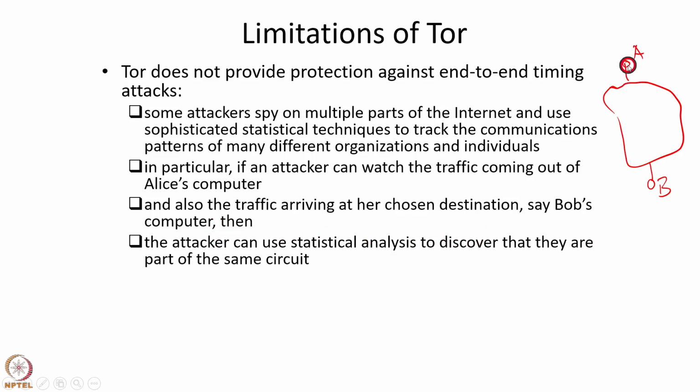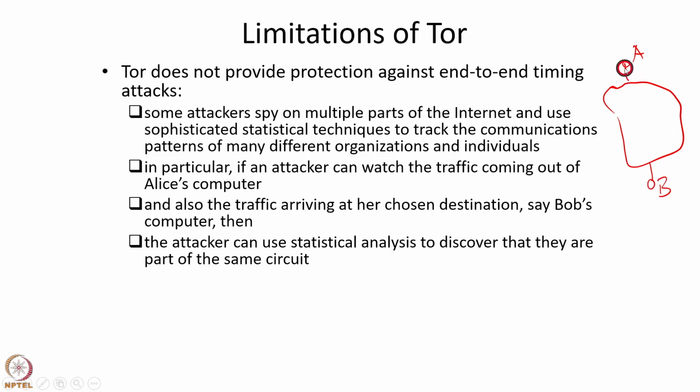Consider the sequence of packets that are being sent from Alice into the internet and the sequence of packets that are being sent from the internet into Bob's computer. So these are statistically similar. For example, the spacings between adjacent packets and the lengths of different packets which are sent on this connection are similar to the spacings between different packets and the lengths of different packets that are sent on this connection.